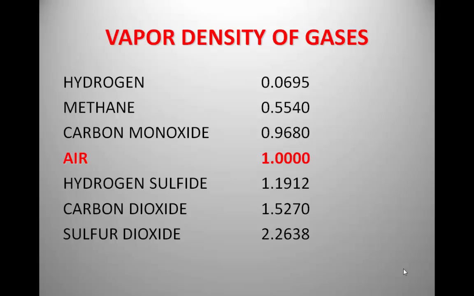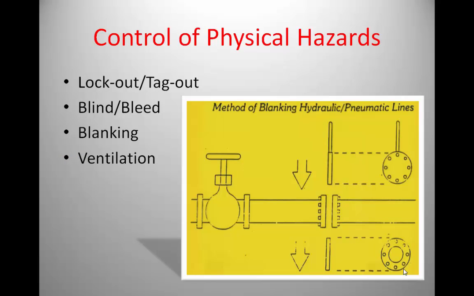The control of our physical hazards, there's various methods we have to do this: lockout, tagout, blind and bleed, blanking, and ventilation. The blind and bleed blanking processes typically will utilize outside resources or facility maintenance for these processes, because as you can see in the illustration, that's dealing with some concepts that we don't specifically carry with us.